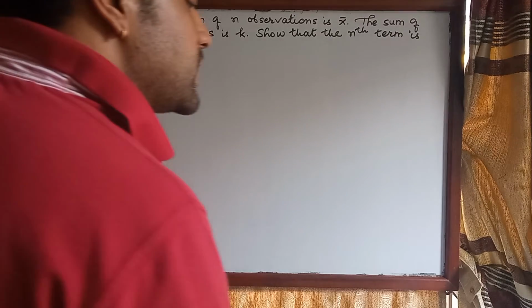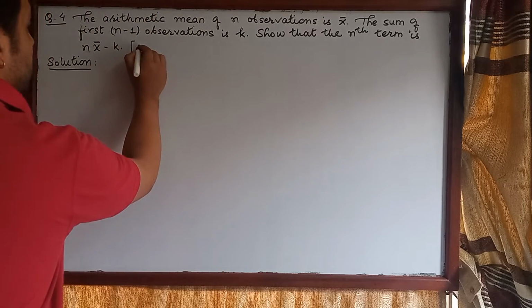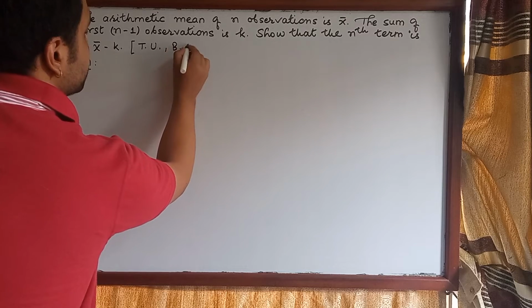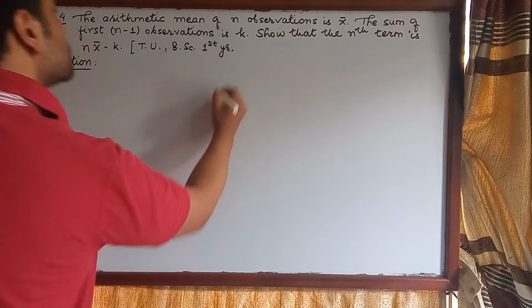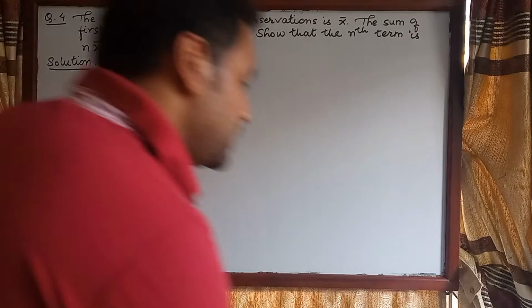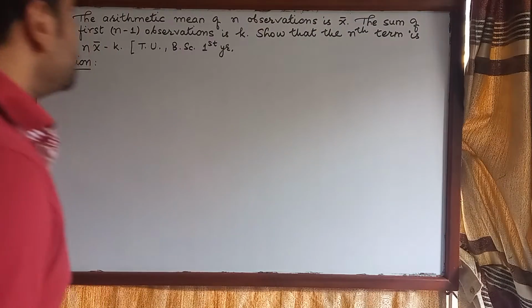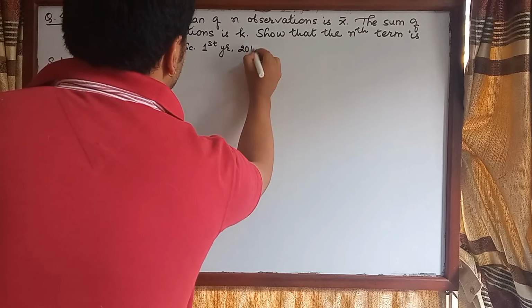Okay, so this was a question of Tribhuvan University BSc first year of the year, I don't remember. Yeah, 2070 means approximately 2014.